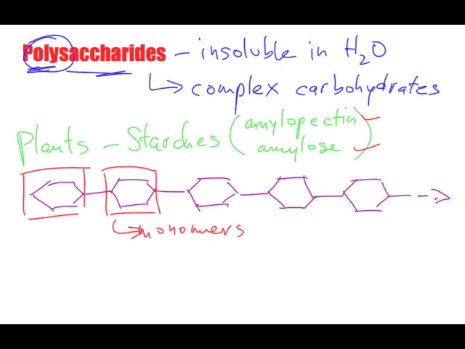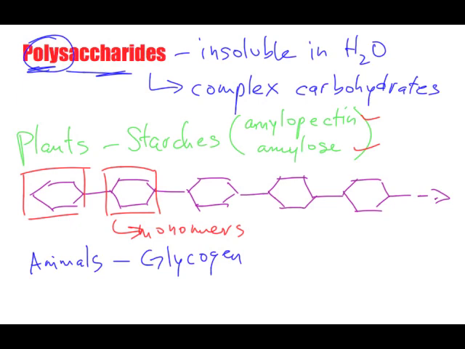Now, animals, including us, store some of this chemical energy in the form of long glucose chains, our polysaccharide storage. We call it glycogen. Glycogen is also a big, long, repeating polymer of glucose molecules.